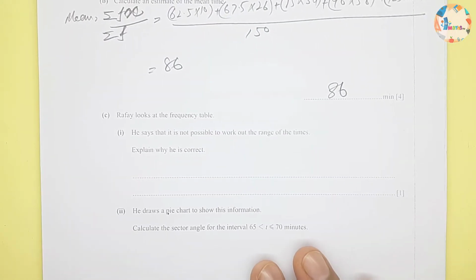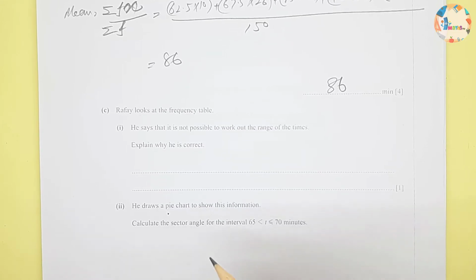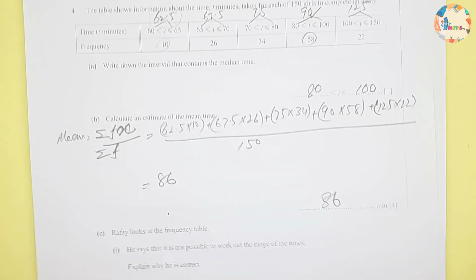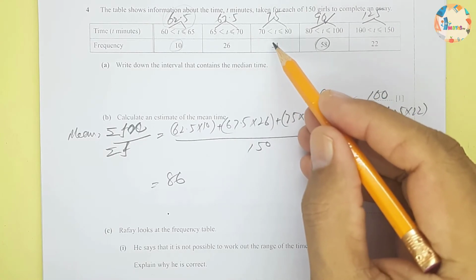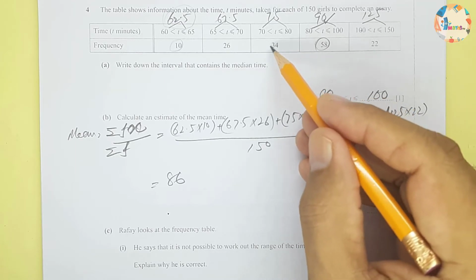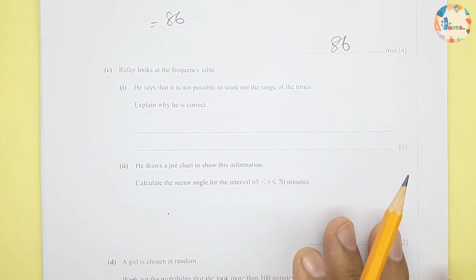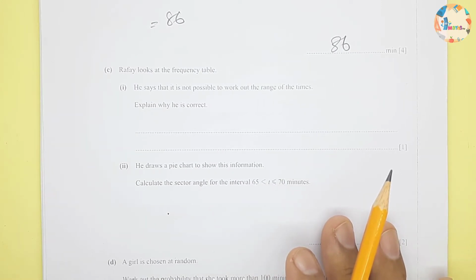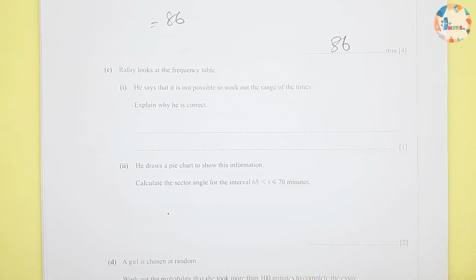Rafe looks at the frequency table. He says that it is possible to work out the range of times. Explain why he is correct. Because this is group data and we basically have ranges of values. See, this one, 70 to 80, is 34. We don't know whether these 34 are all 70, all 80, or 71 to what, the exact numbers. So basically the range is provided, and we don't know the individual values. So we don't know the highest or the lowest value.